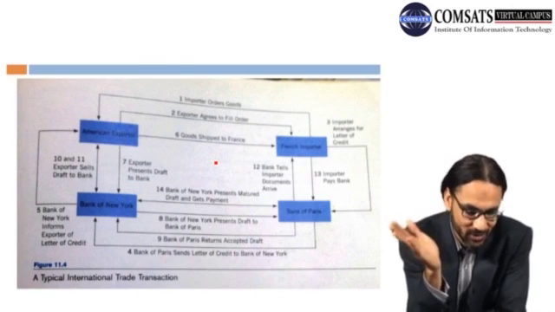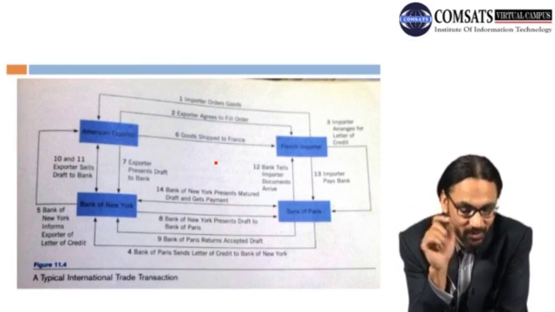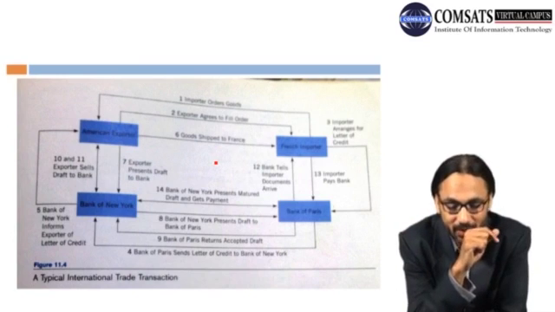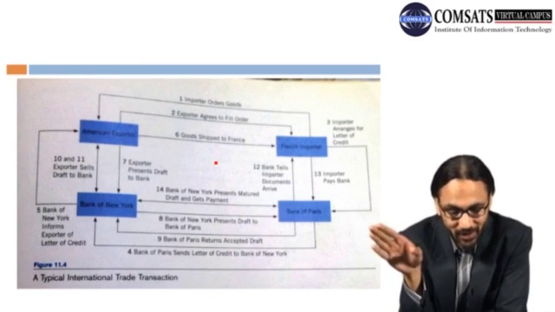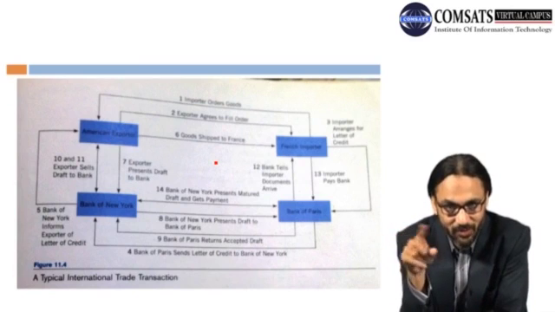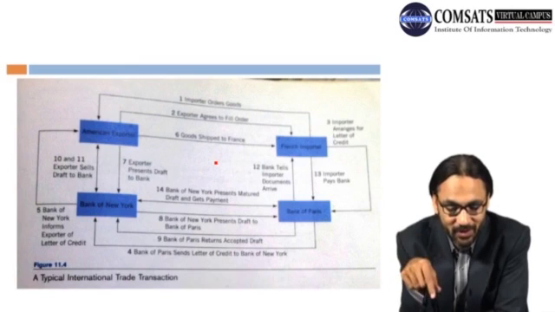The exporter agrees to ship the products. They have just agreed now, and a contract is made. In the third point, on the right hand side, the importer arranges for the letter of credit. It goes to the bank. The French importer goes to the bank and tries to get the letter of credit. Point number 3.